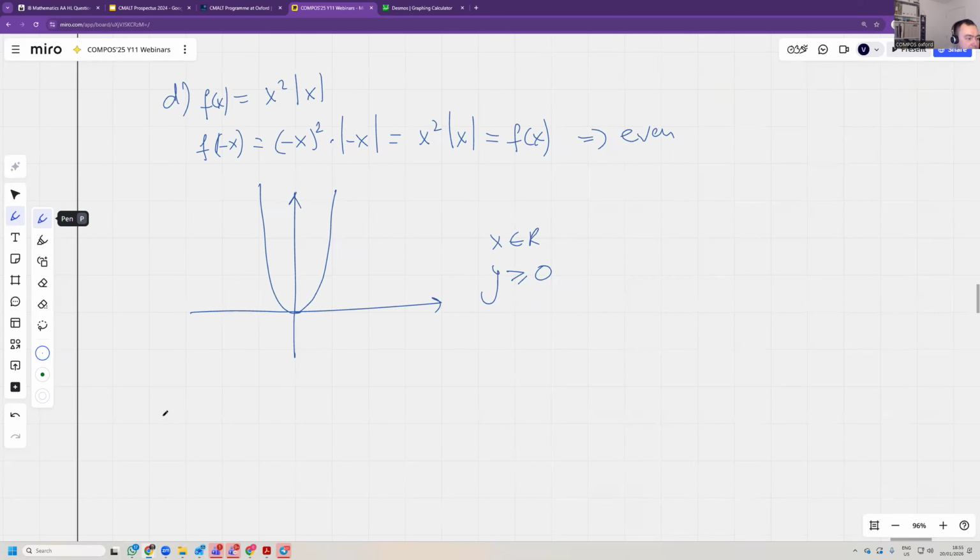And E. y equals modulus x plus 2 minus modulus x minus 2.